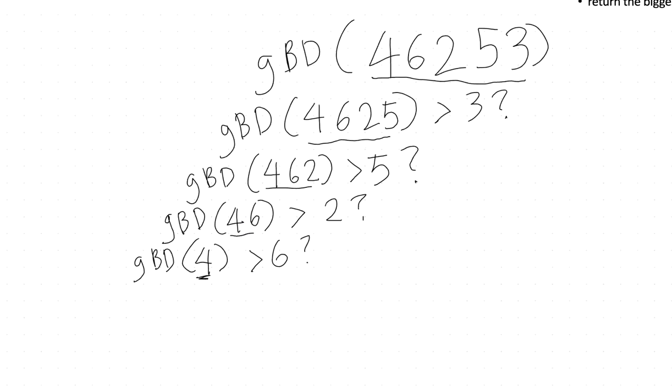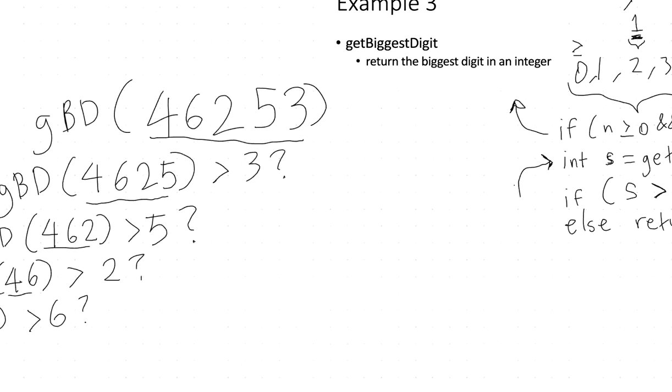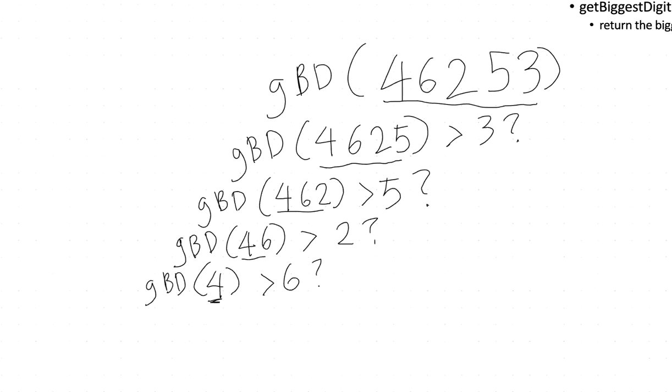Our original base case said that if we have a number that's greater than or equal to 0 and less than 10, we just return that number. So this recursive call would just return 4. Now we're comparing, is 4 greater than 6?